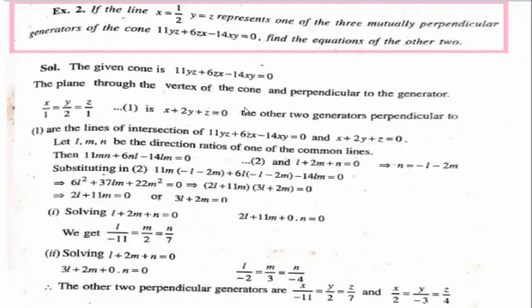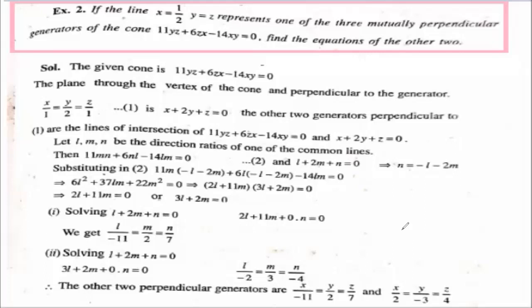The plane through the vertex of this cone and perpendicular to the generator is x by 1 equal to y by 2 equal to z by 1. So we are going to consider this particular plane.